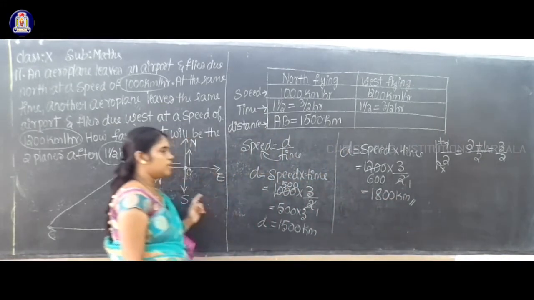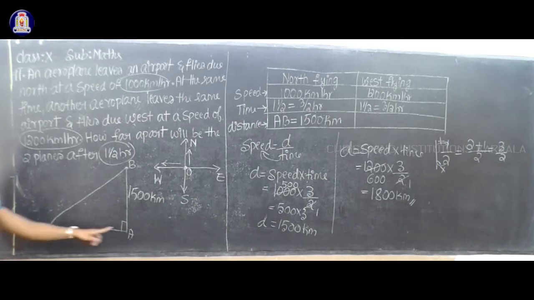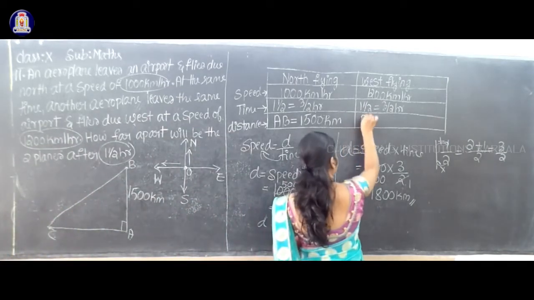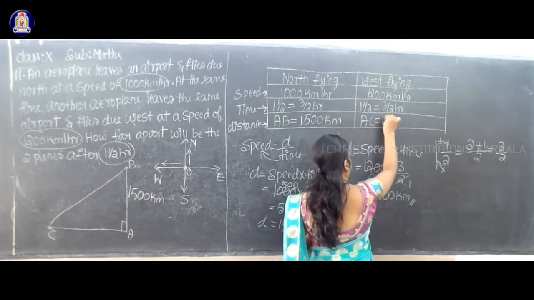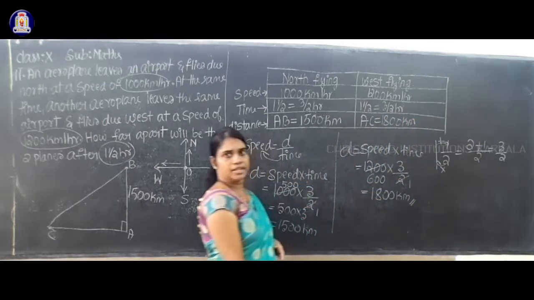That is nothing but distance AC, the length AC, 1800 kilometers.